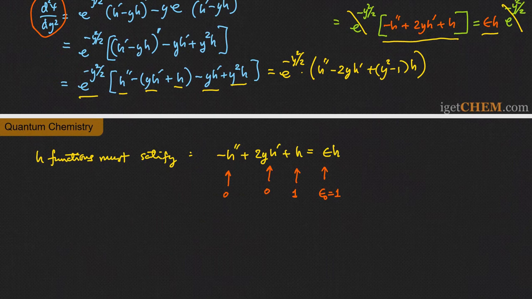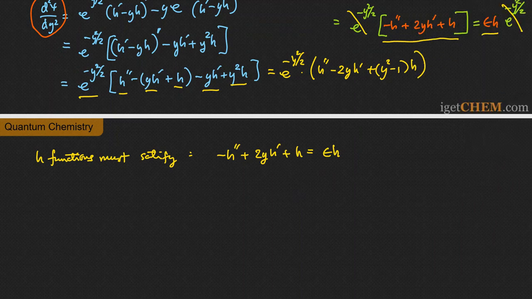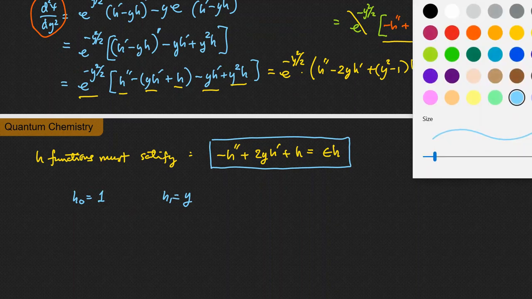So in order to discover the other eigenfunctions, all I need to do is find all the H functions that satisfy this equation. Let me write down the first one: H0 equals 1 is a solution. Let's see if we can easily figure out another solution. The next one to try is maybe H1 equals y. That's fairly easy, because you can easily put those in.